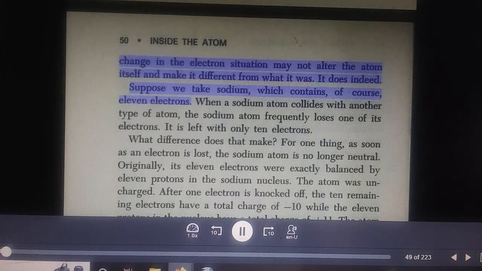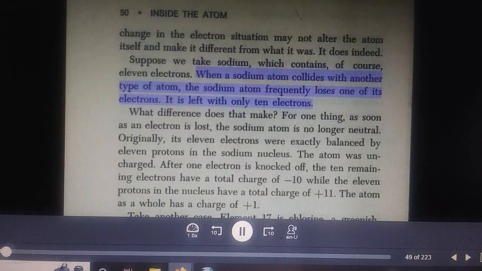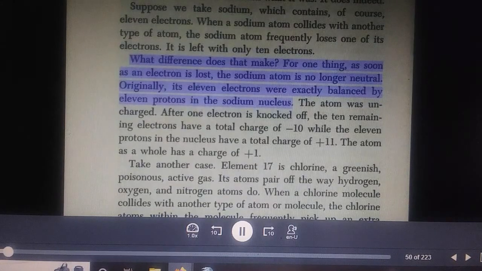It does indeed. Suppose we take sodium, which contains, of course, 11 electrons. When a sodium atom collides with another type of atom, the sodium atom frequently loses one of its electrons. It is left with only 10 electrons. What difference does that make? For one thing, as soon as an electron is lost, the sodium atom is no longer neutral.